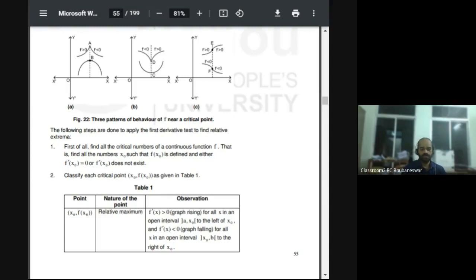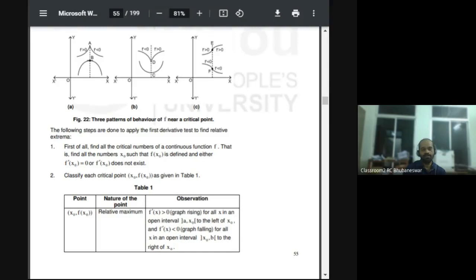The same process: just left of this point C, or x0, the slope will be negative. That means the f dash x0 value will be negative, but slightly on the right-hand side of the point C or x0, the slope of the first derivative will be positive.